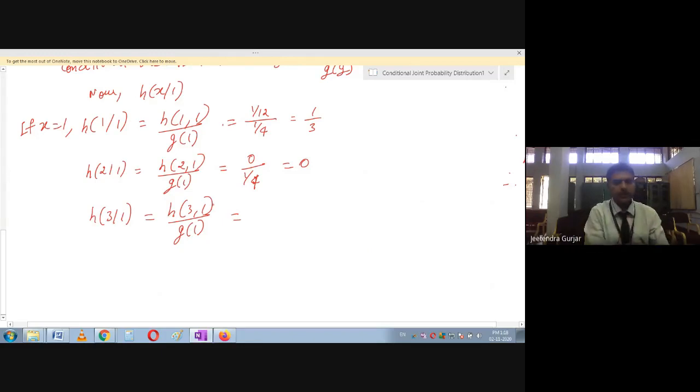1 upon 18. So we can just calculate here 1 upon 18 divided by 1 upon 4. And please calculate in the calculator what the answer will be here.